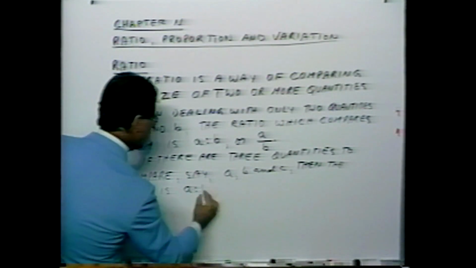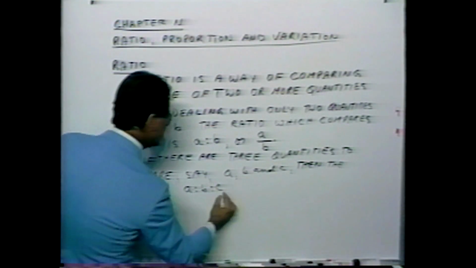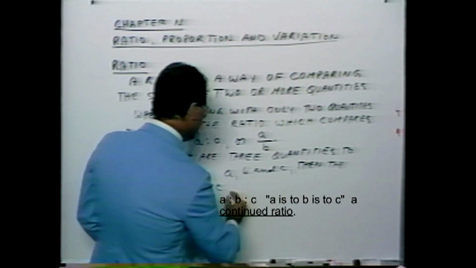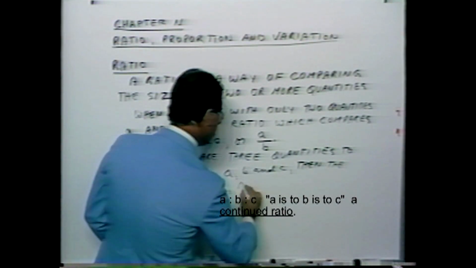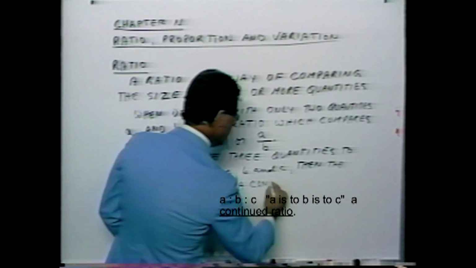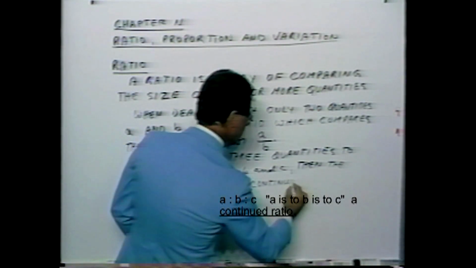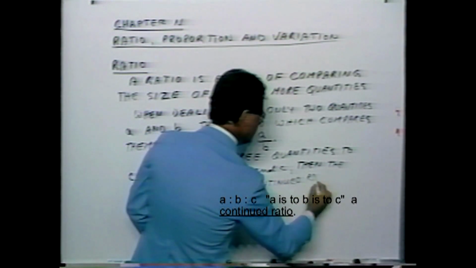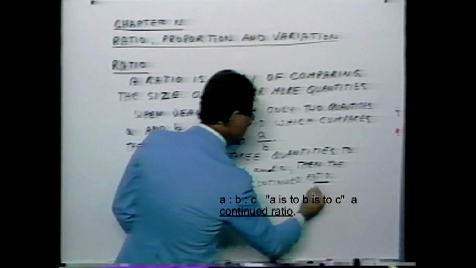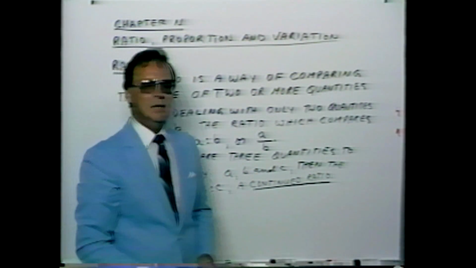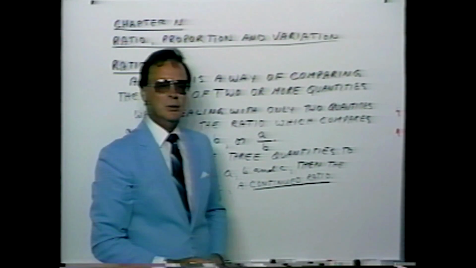It would take three fractions to represent the continued ratio.